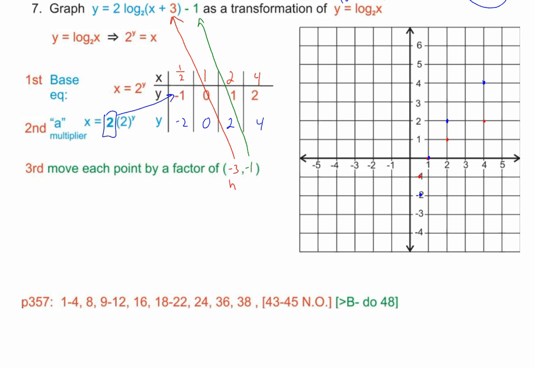Now we have to take every point 3 to the right and down 1. 3 to the right, down 1. So working off the blue points, we'll do this in green. Go 3 to the right and down 1.